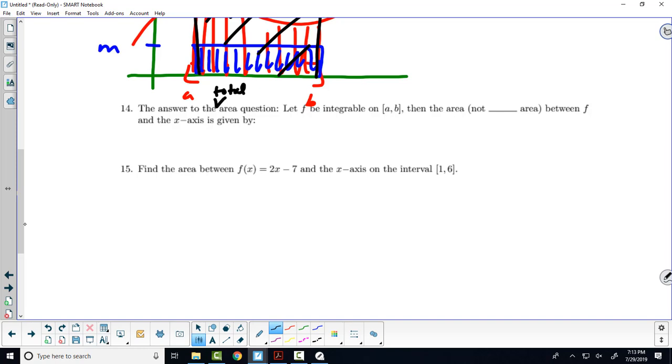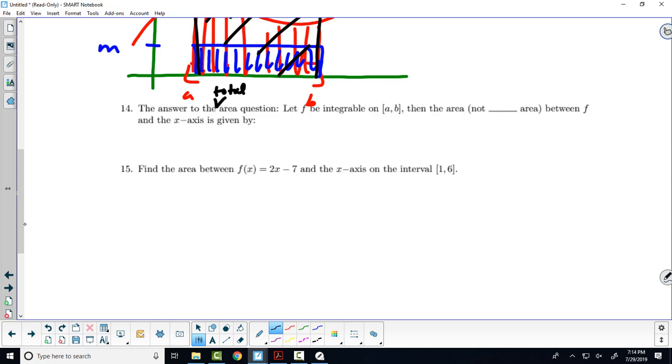Net area. And if I give you a definite integral where I take the absolute value of the function inside, then I'm looking for the total area underneath that curve. So if I give you an integral question, it's implied from the way I formulated the question. But if I'm asking a word question, I'll either say total or net.